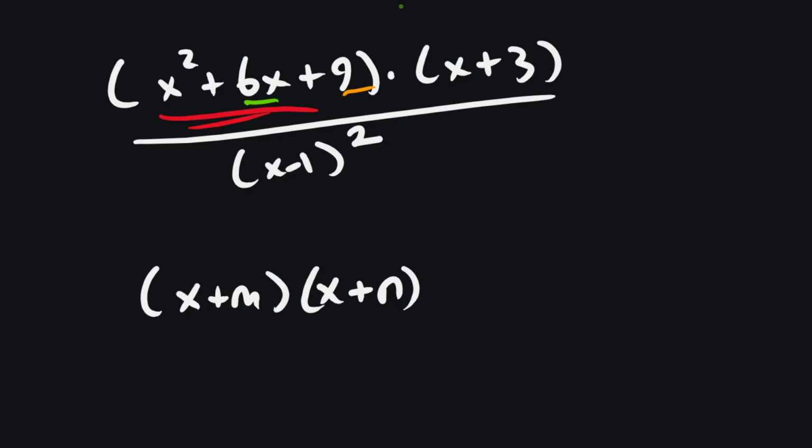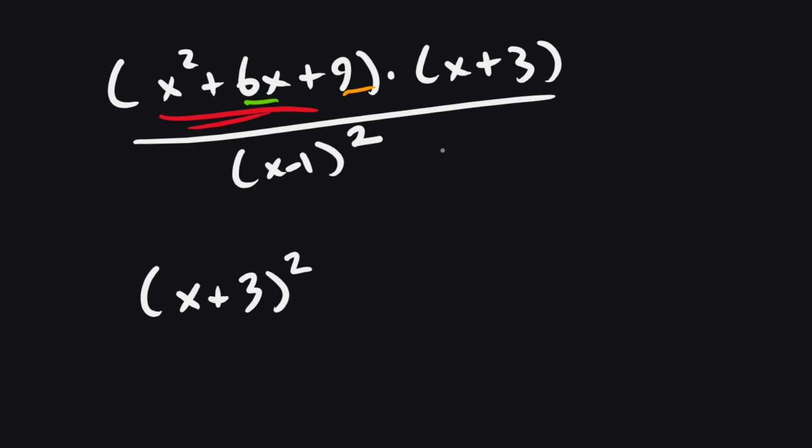What two numbers multiply to 9? Well, 3 times 3 is 9. And what two numbers add to 6? Well, 3 plus 3 is 6. So our m and n can just be 3 and 3. So x plus 3 times x plus 3 gets us x plus 3 squared.